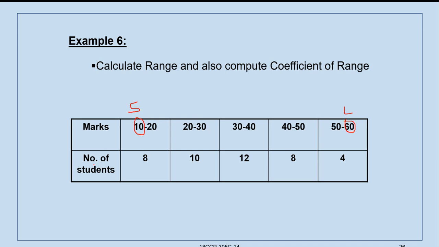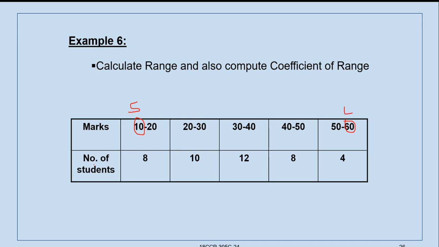We are not taking the frequency for calculation. So that is the biggest drawback for coefficient of range and range, because frequency plays an important role in understanding the series, discrete series and continuous series.